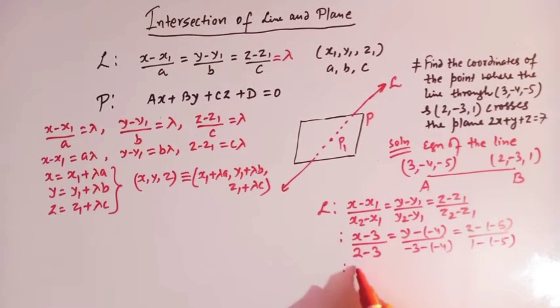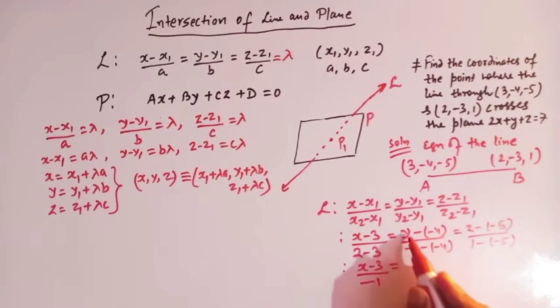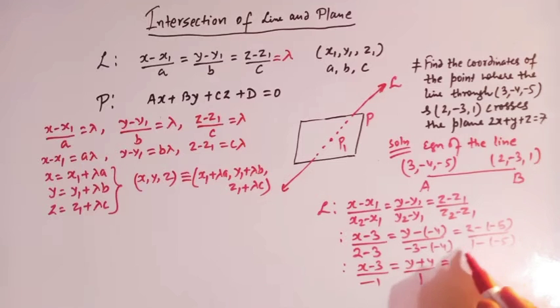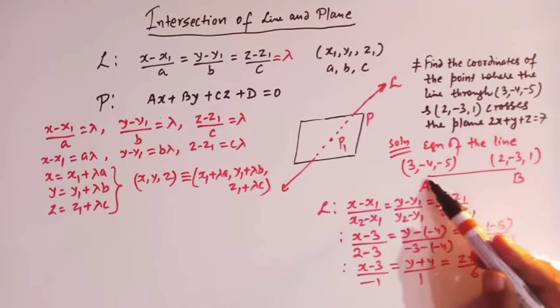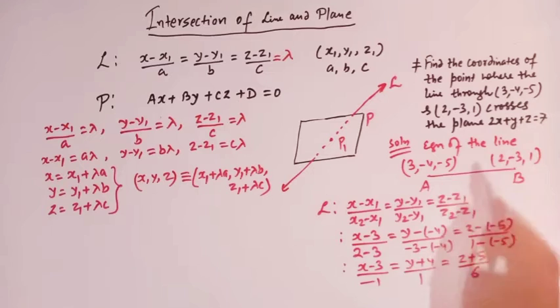So this is (x minus 3) by (2 minus 3 is minus 1), (y plus 4) by (minus 3 plus 4, that is 1), and (z plus 5) divided by (1 plus 5, that is 6), right?